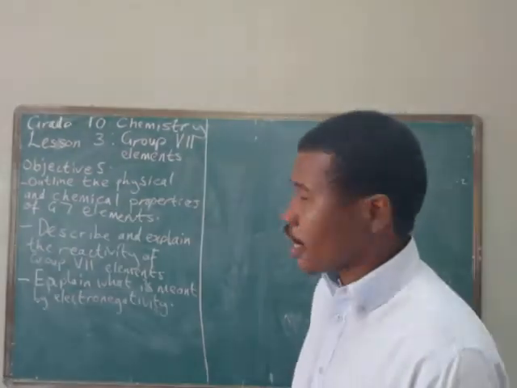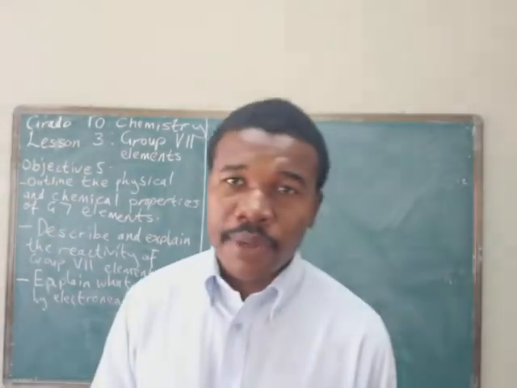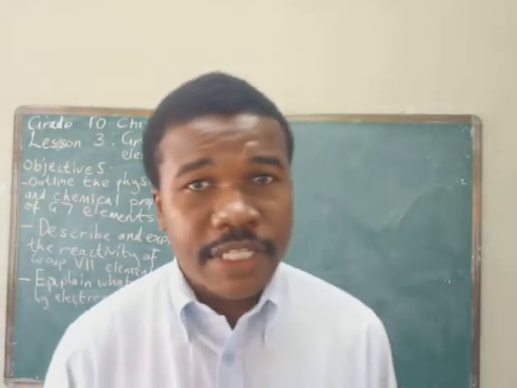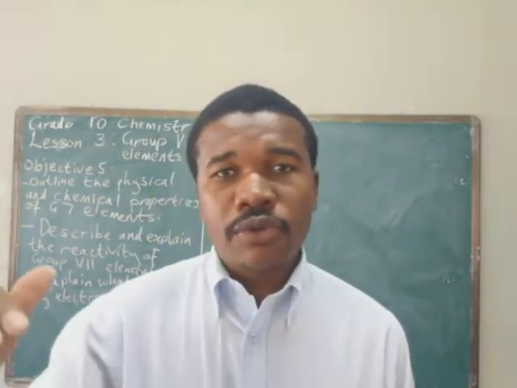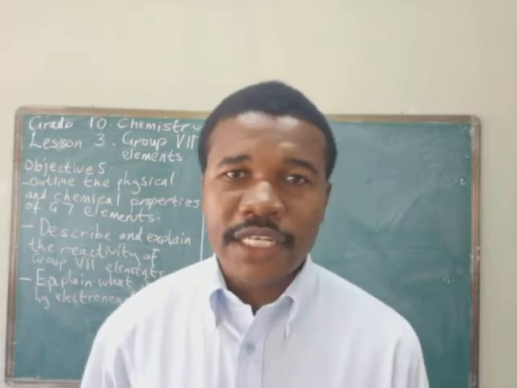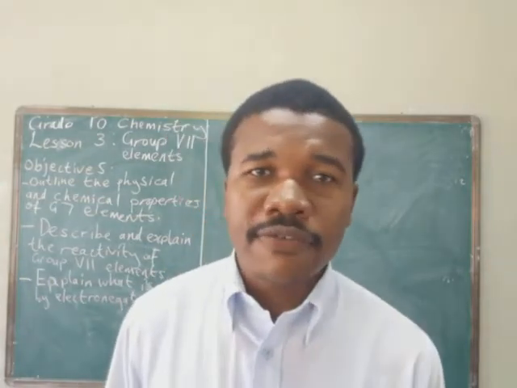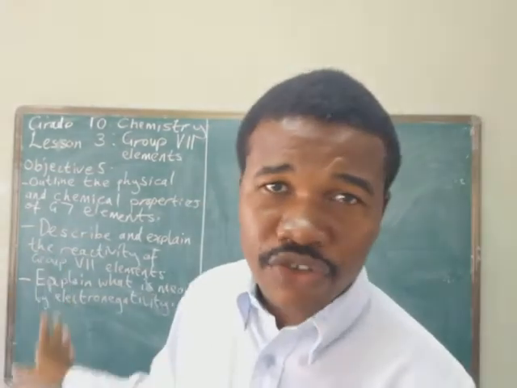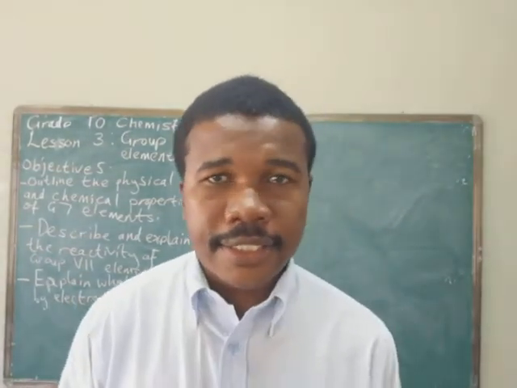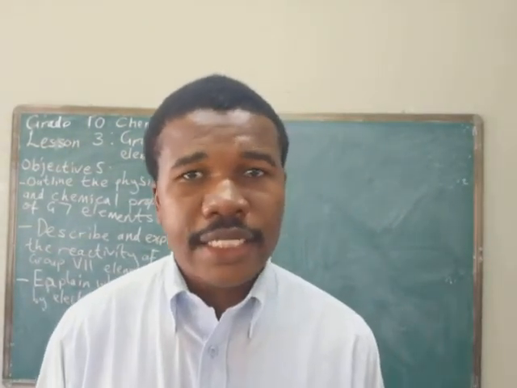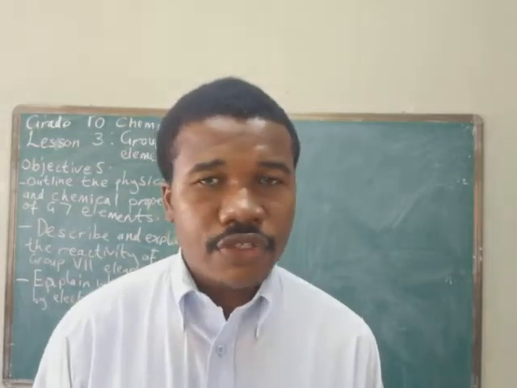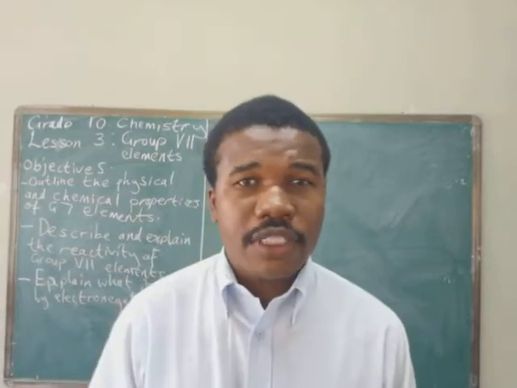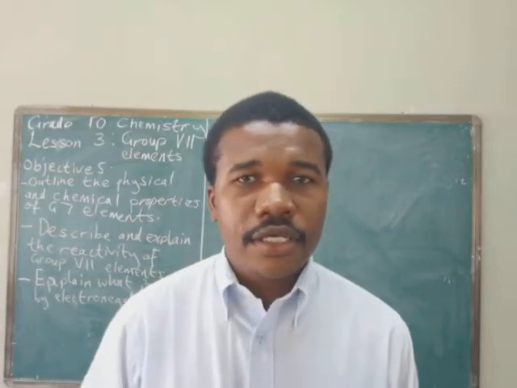We should also be able to describe the reactivity of these group 7 elements: which one is the most reactive, and why is it the most reactive. I've also decided to include a part on electronegativity in this lesson. I will just try to give it to you guys briefly and explain what the concept of electronegativity is all about.